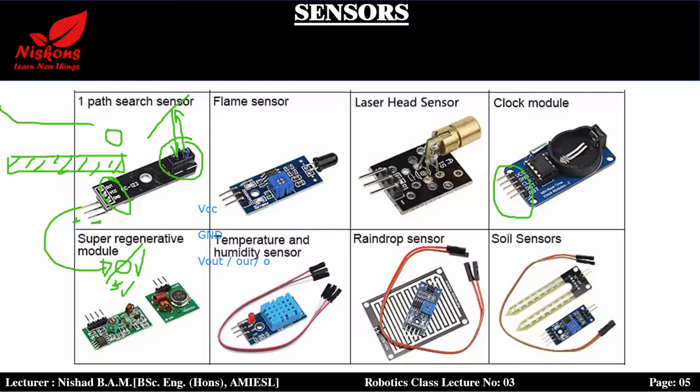We can't study each and every sensor. There are millions of sensors available in the world, and tons of brands. So if we have a sensor, we have to write the model number of the sensor in our search box, meaning our web browser.